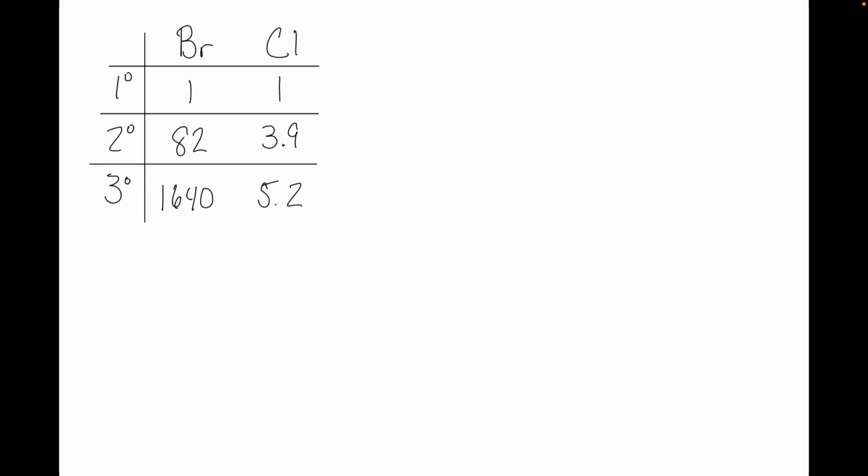All right, and actually we'll practice the 3 things you should be able to do for this molecule with me. We're going to use 2-methylpropane. The first thing that you should be able to do is draw me the most stable radical intermediate.